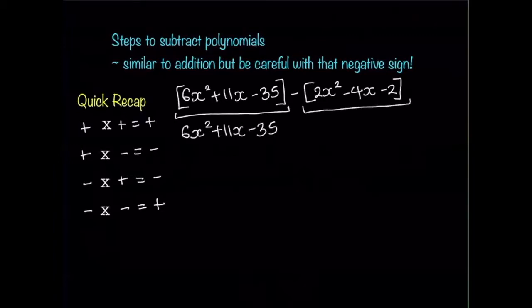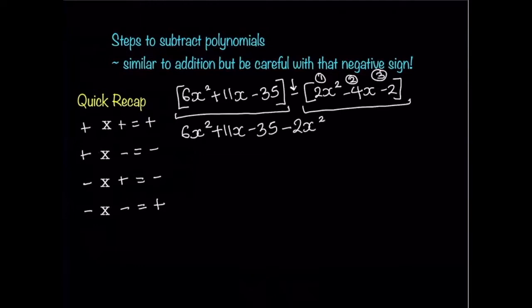This one, however, you need to be careful with because of this minus sign. So because there's a minus sign, you need to multiply all the terms here with a minus when you take them out of the bracket. So this 2x squared multiplied by the minus will come out of the bracket and become minus 2x squared.